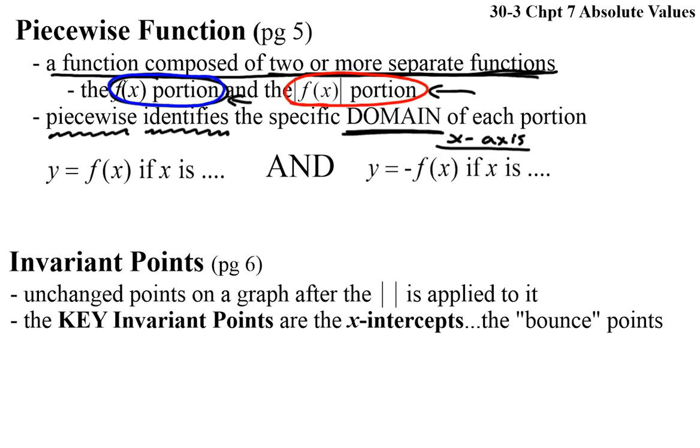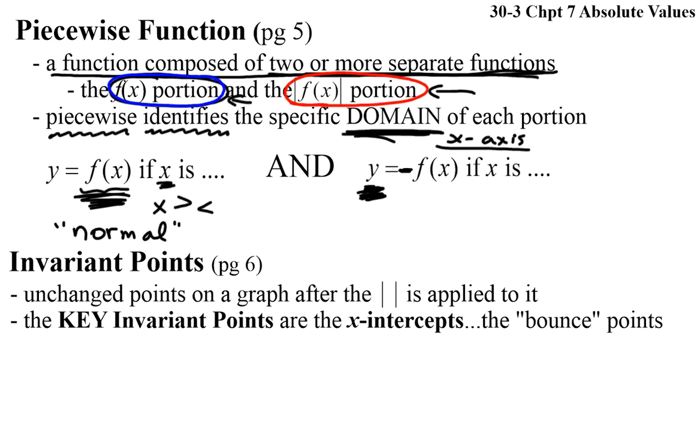What it'll look like is y equals the function if x is greater than, less than. We need to identify the domain. What part of the x-axis gives us what I refer to as the normal part of the graph? But we then have the second part of the graph where y was, now here's that negative to make the absolute positive.